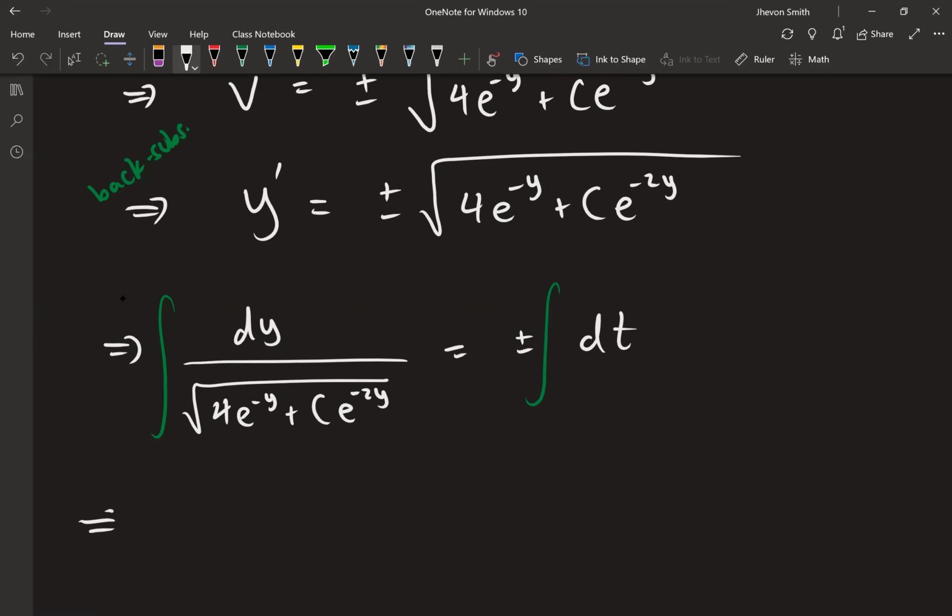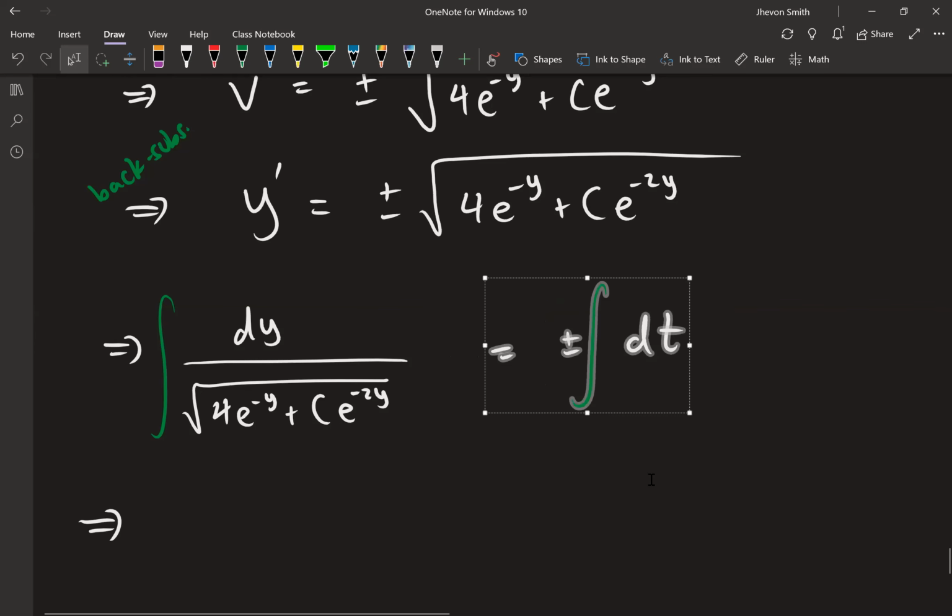Now the integral of the left side is very strange. It's a really tough integral, especially if you don't see what to do here. But here's a way to deal with this. I'm going to multiply and divide by e to the y.